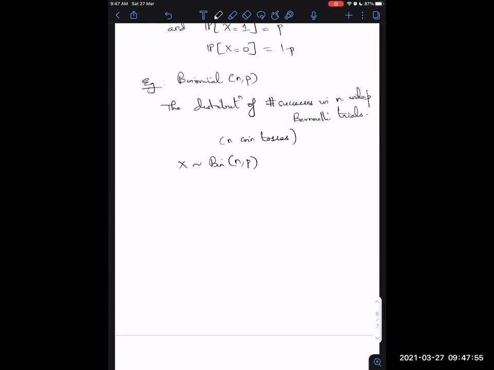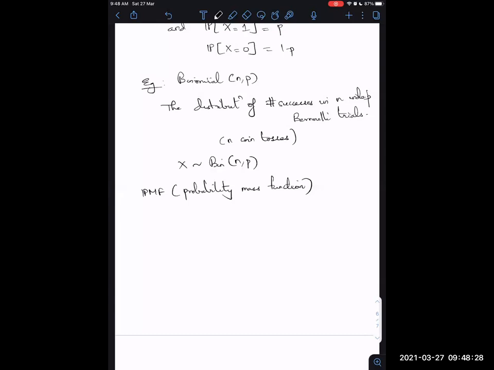Now we'll see what is known as a probability mass function. This is how you describe a random variable, or the associated distribution. When I say the probability mass function, I mean the probability mass function of a binomial distribution here.